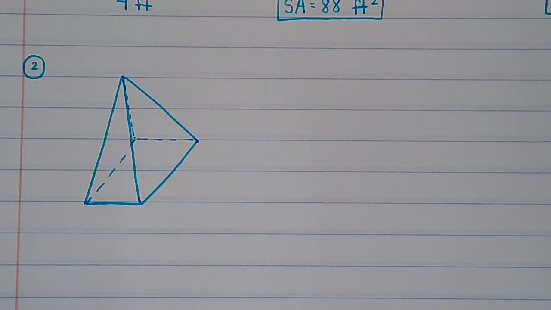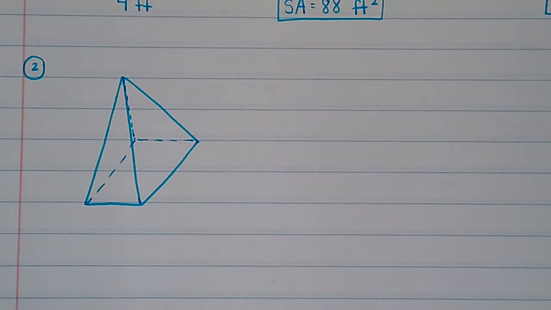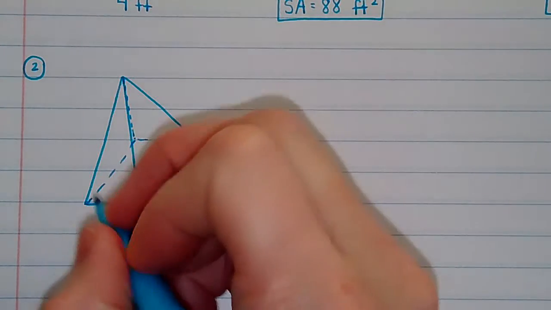All right, so this one is actually going to be a rectangle bottom. Okay, so this has a rectangular base. And I'm going to say that because the other one was a square base, so that kind of told me that all 4 triangles were going to be the same. But since this one is a rectangle, that tells me that 2 triangles are going to match up and then 2 other triangles are going to match up. So let's look at my numbers.